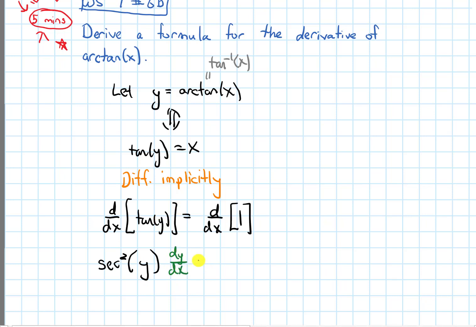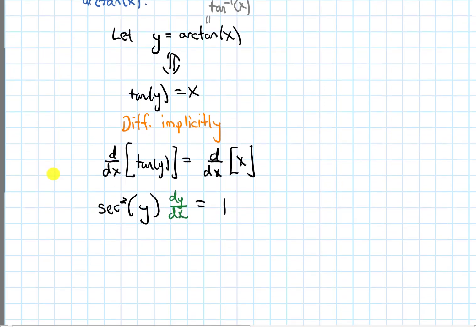And the derivative of 1 is going to be 0. Oh, whoops, sorry. Caught this. This shouldn't have been a 1. This should have been an x. And the derivative of x should be 1. Okay. And now, if I isolate dy/dx, it is 1 over secant squared y, and that simplifies to cosine squared y.